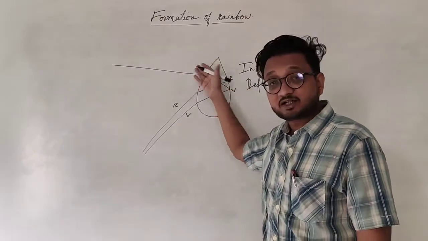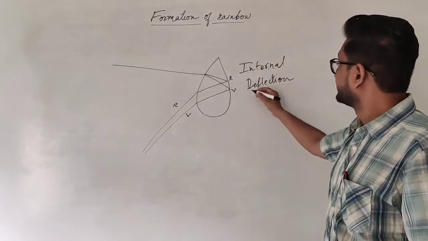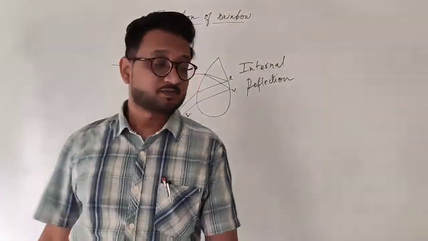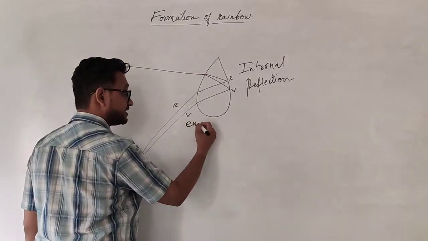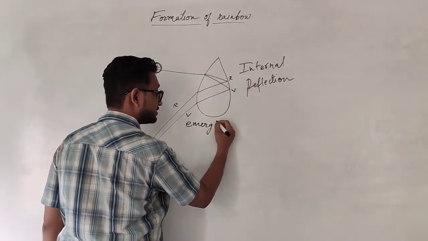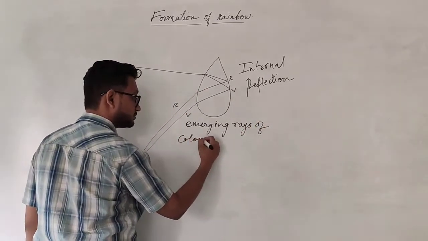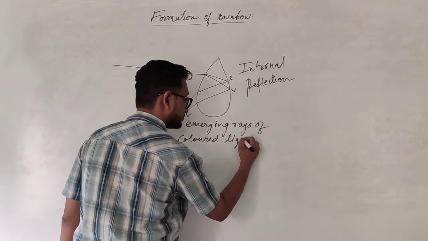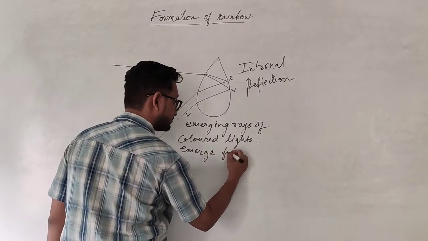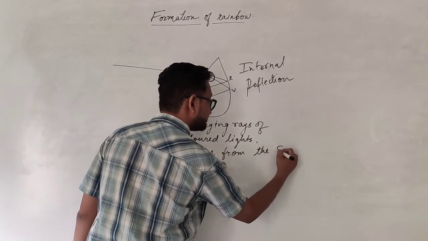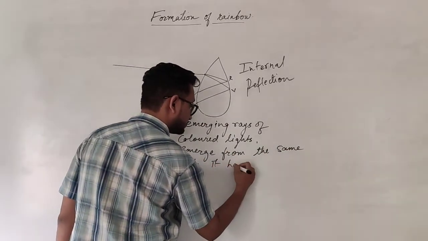So the entrance and the exit happens on the same side of the water droplet, okay. Internal reflection, and the emerging rays of colored light emerge from the same side it has entered.